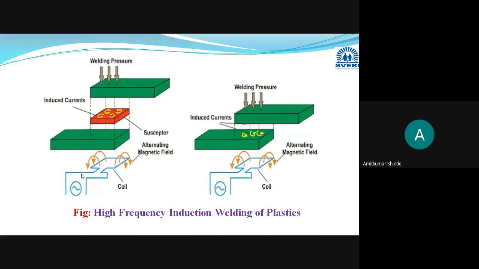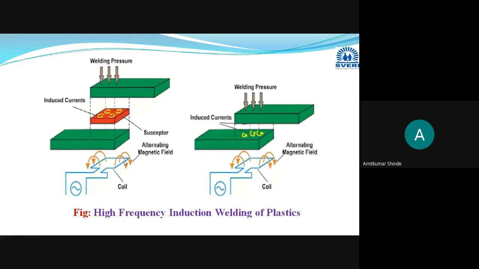And due to this alternating magnetic field, what will happen? Some eddy currents are generated, and these eddy currents will flow through the metal or ferromagnetic material.